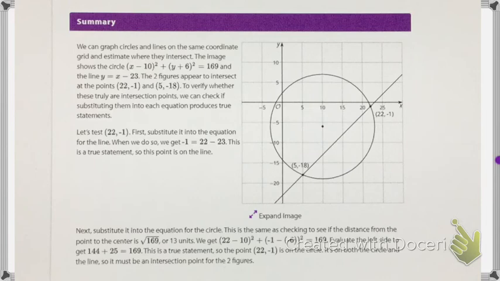Now in the summary, we can pick this apart a little better here. Right there, 5, -18. That we can actually see. There's the center of the circle. Looks like what they say the center was here, 10 at -6, right there.